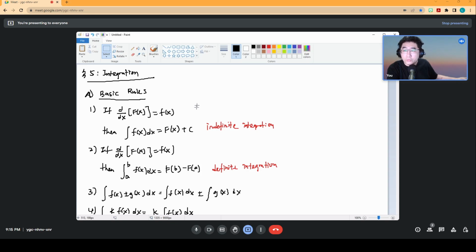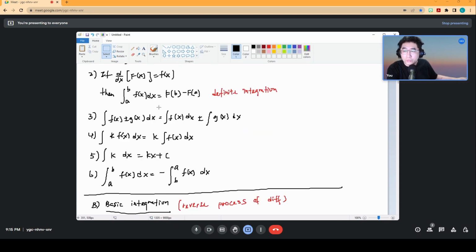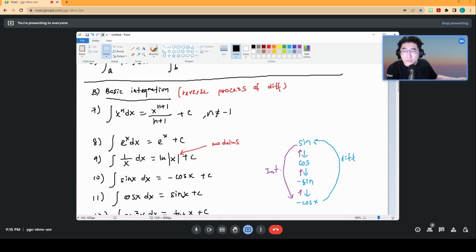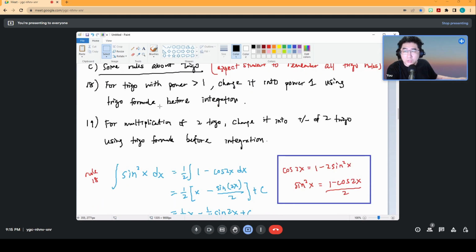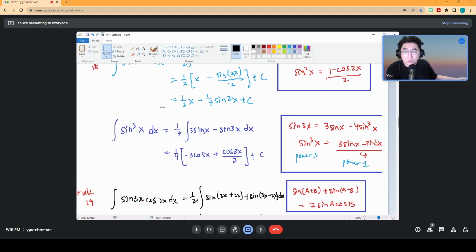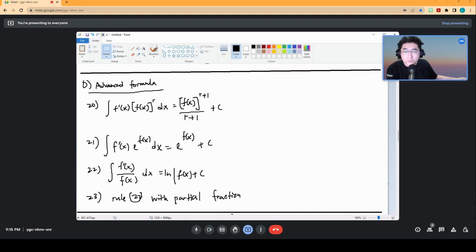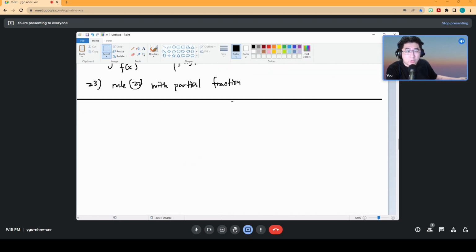We already done the basic rules. Section A, basic integration. Section B. Section C, rules about trigonometry. Section D, advanced formula. What else do we have after section D?